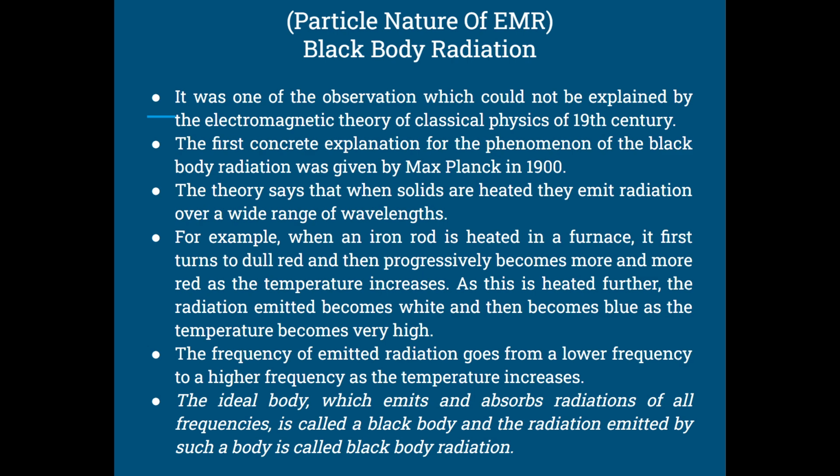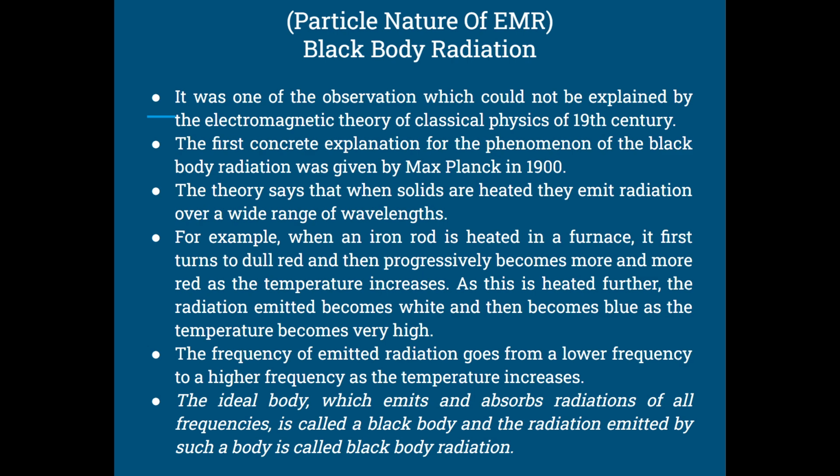But these radiations are not of the same wavelength or frequency. As the temperature keeps on increasing, the wavelength and frequency of the emitted radiations keep on changing. Now, how does it change, and what happens to the wavelength and frequency of these radiations at different temperatures?